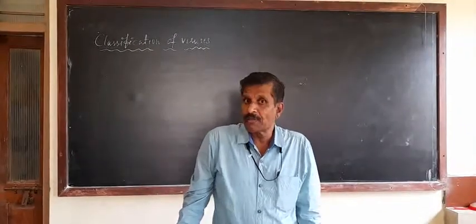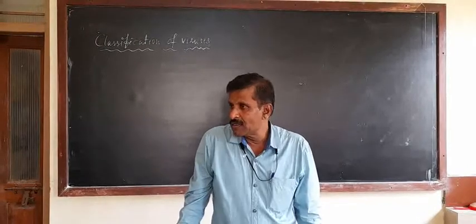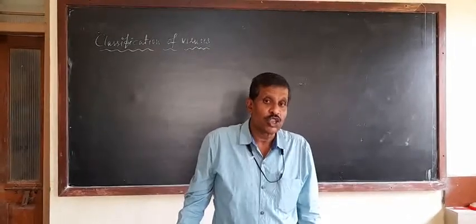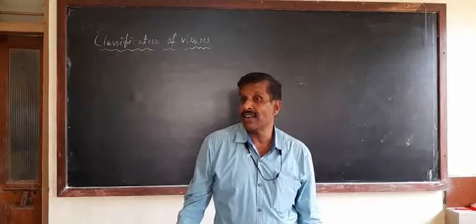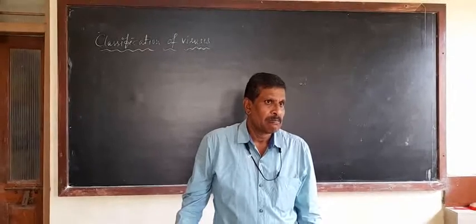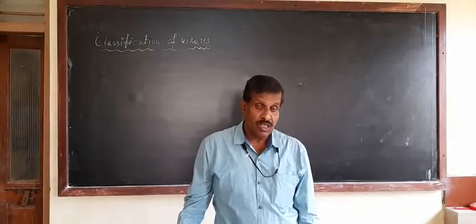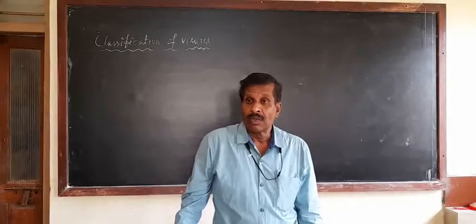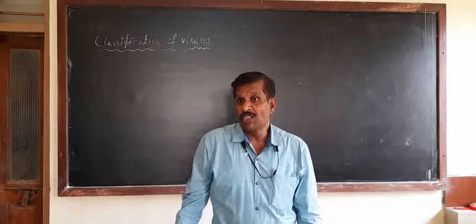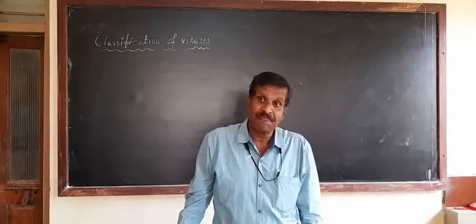There are different types of viruses. Viruses differ in their size, differ in their shape, and also differ in their organization. The kind of nucleic acids they have, the kind of proteins they have, the kind of reproduction that is present in the viruses is not going to be the same.